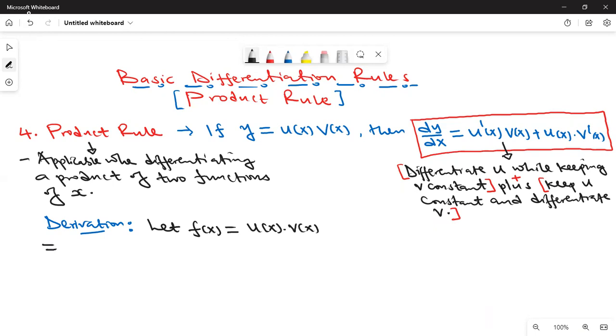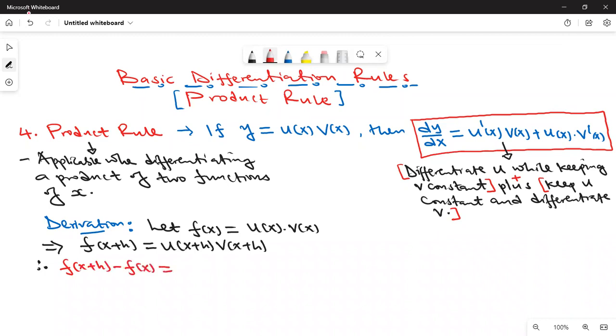So from here, it means that f of x plus h will be equal to u of x plus h times v of x plus h. So therefore, I now need the difference. I need f of x plus h minus f of x.